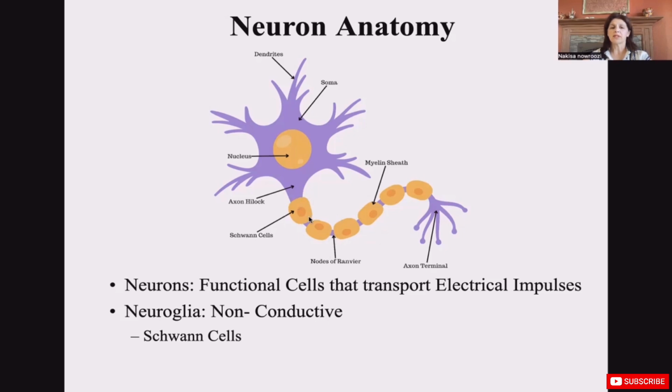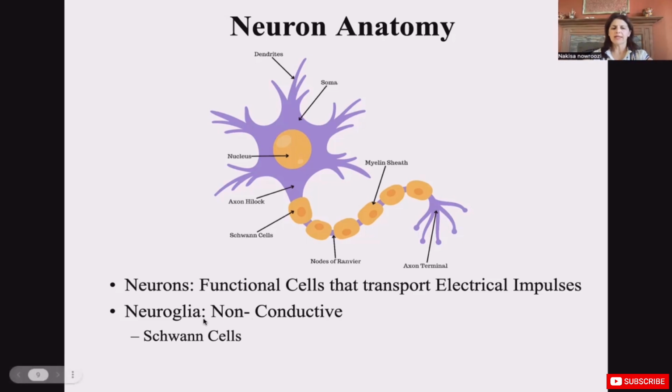These are important because now you can have the signals jumping through these and get to the target tissue much faster. You have the axon terminal here, and then here we're going to connect with the tissue that is talking to this neuron.